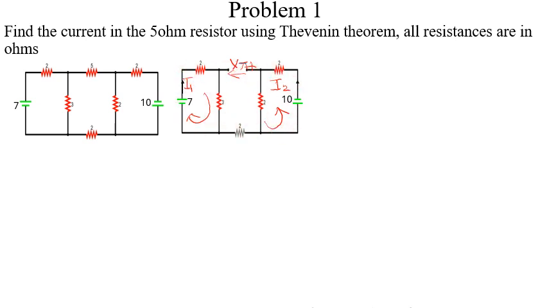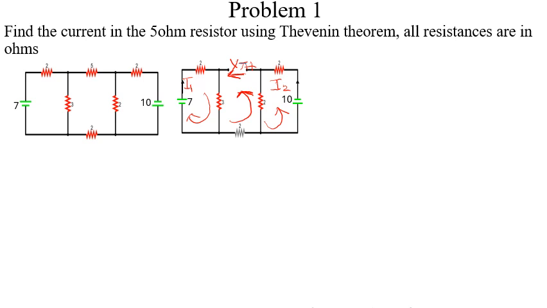With this one too, if I want to perform my KVL, I'll go in the anti-clockwise direction, because I'm just following the flow of VTH. So to find VTH, I'll first take this loop. We realize that we're moving from a lower potential to a higher potential, so that is a rise in voltage, making 7 positive.